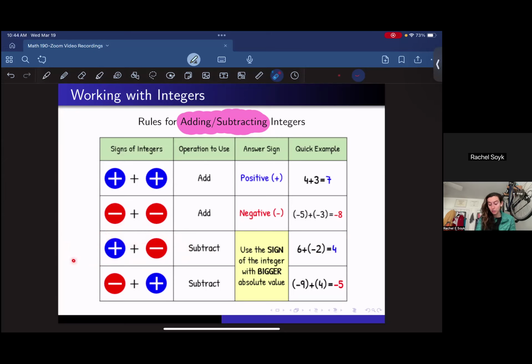So it's a positive 10 plus a negative 28. Well, the negative value is larger in this case, and so that's going to tell us that our final result is going to be negative. They used a different example here. In this example, the positive 6 was larger, so we know that our final result is going to be a positive result.